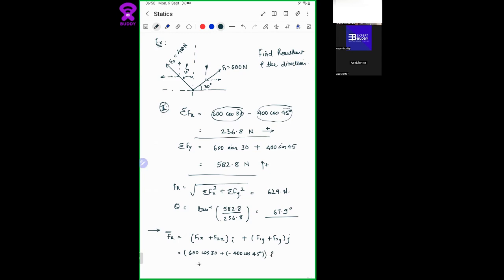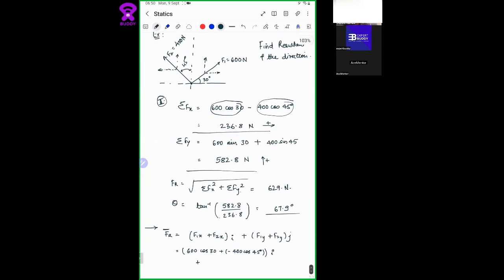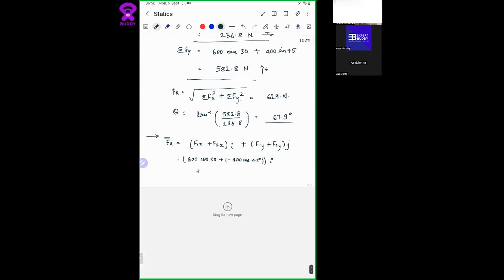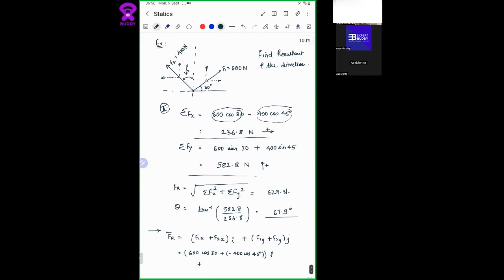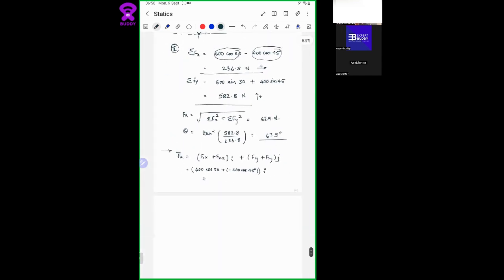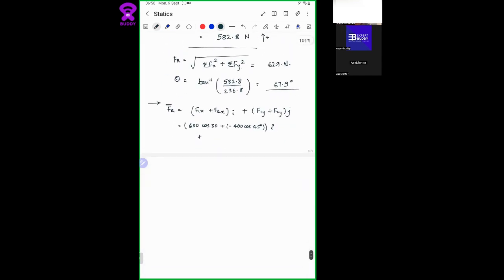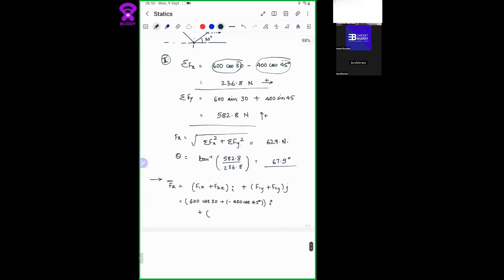Okay, it goes to the j part, where you write 600 sine of 30 plus.